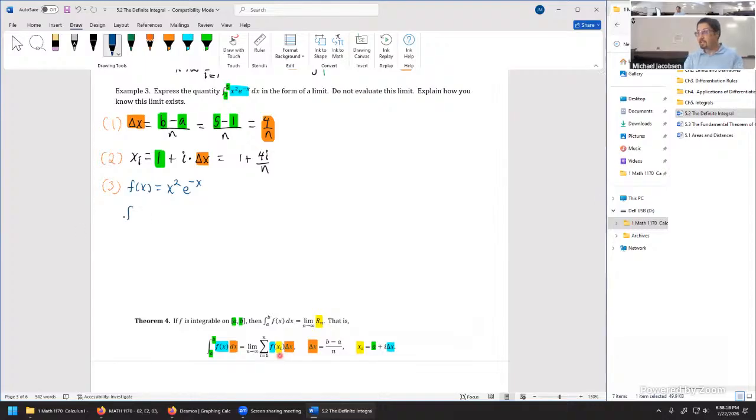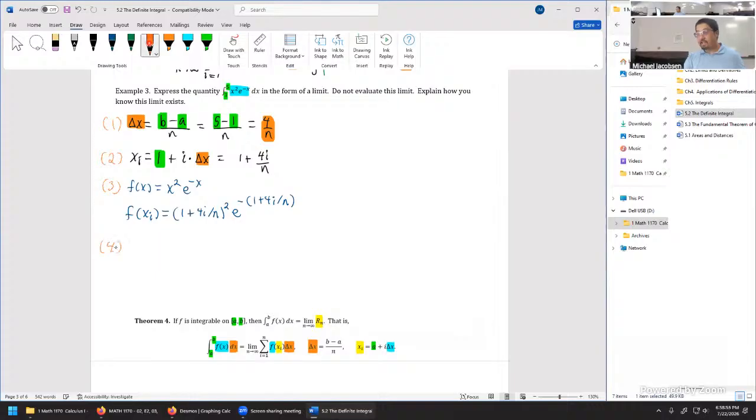So we next calculate f at xi using the formula for f of x and the formula for xi itself. Essentially, we're just taking xi and putting it in place of x everywhere it occurs. So this will be (1 plus 4i over n) squared times e to the power of negative (1 plus 4i over n). So we took xi and just put it in place of x in f of x. So there's the f at xi.